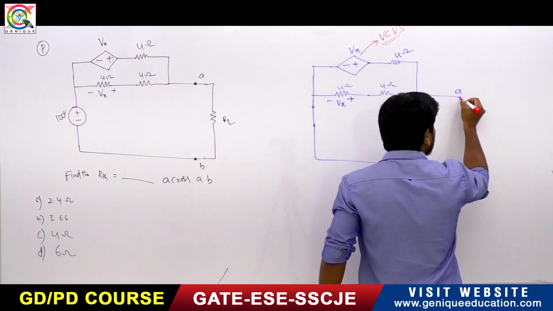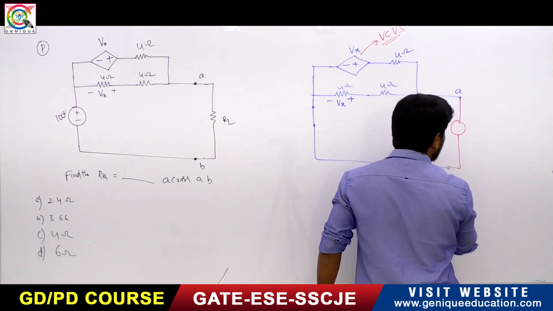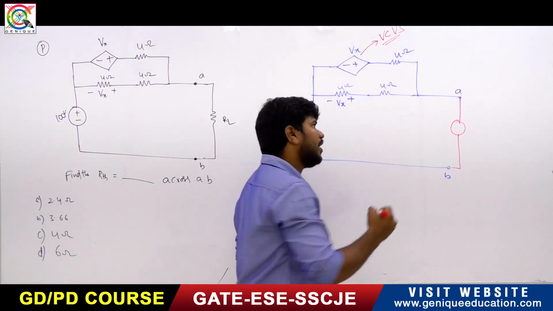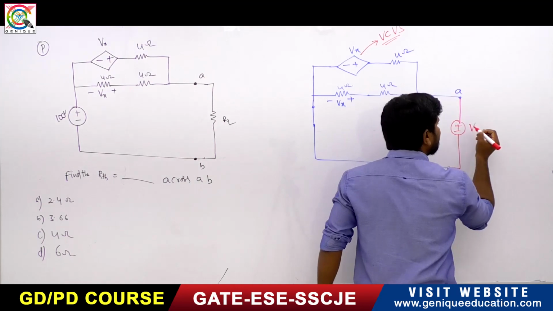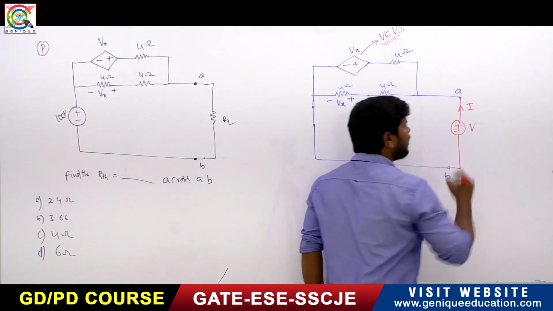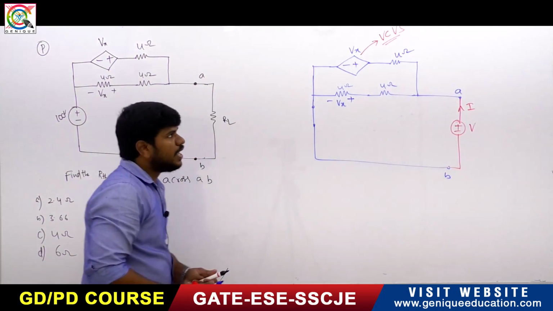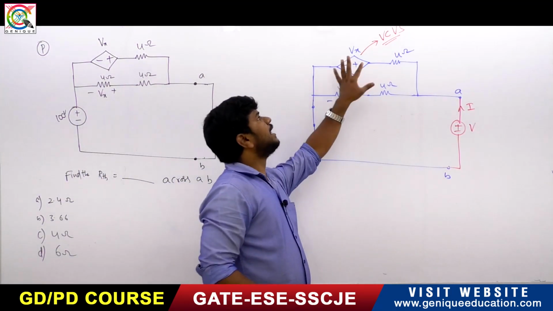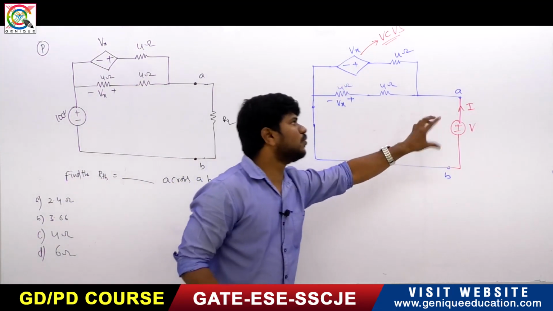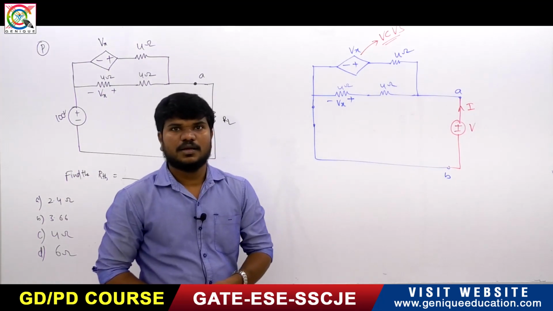So what is that source? A voltage source is assumed, consisting of a current I. After deactivation, if there exists any dependent source, we definitely have to assume that.